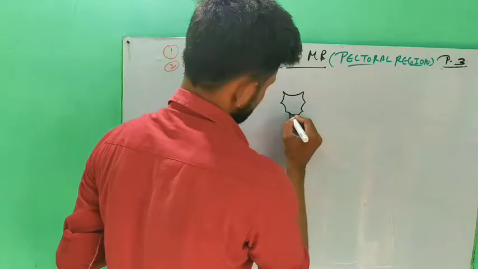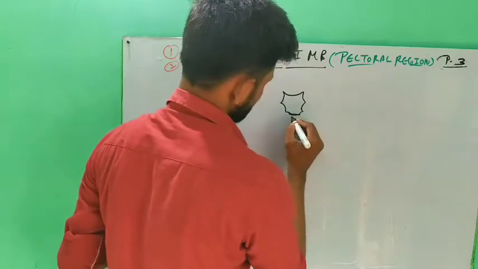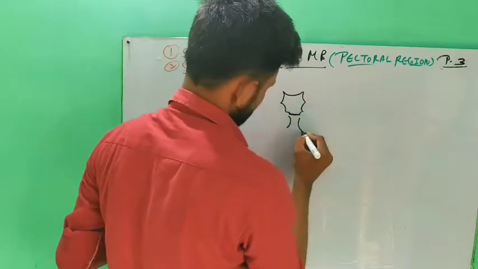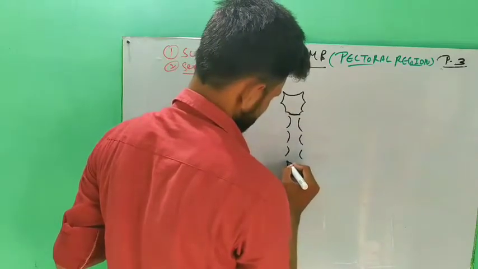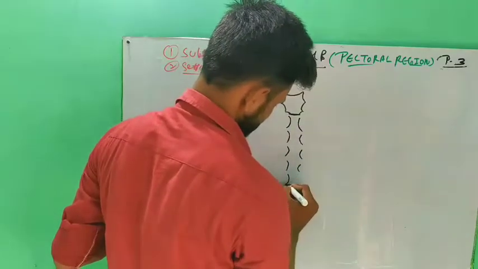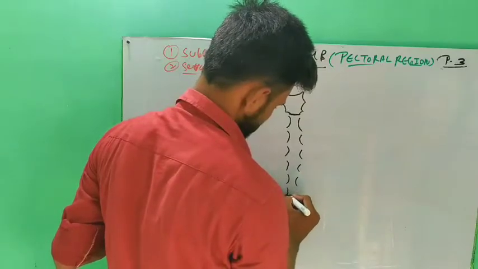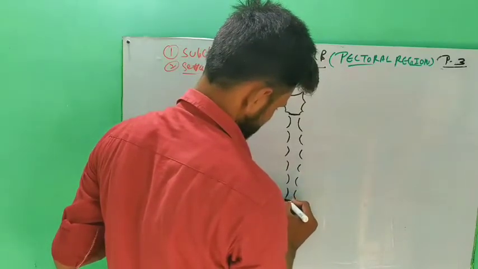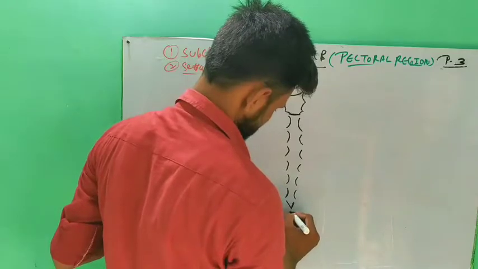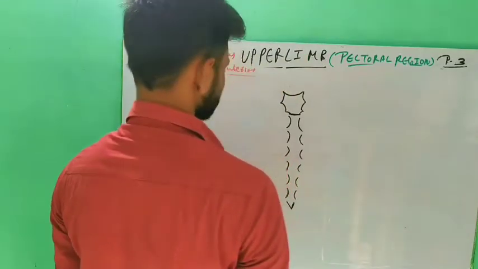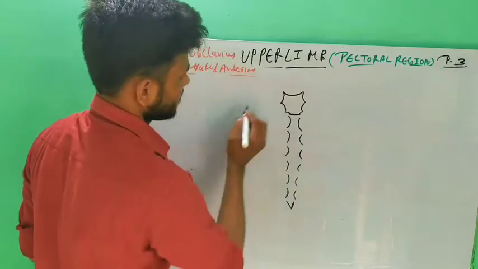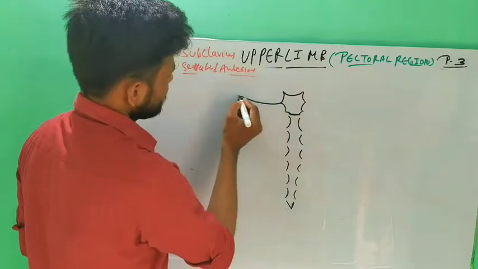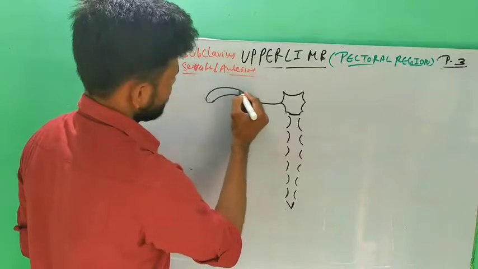This is the manubrium. This is the sternum and this is the xiphoid process. This is our clavicle.